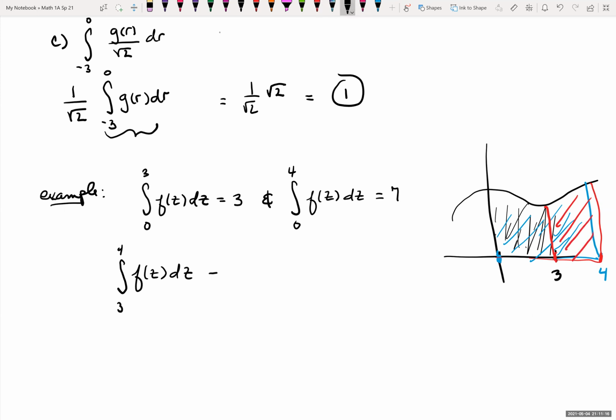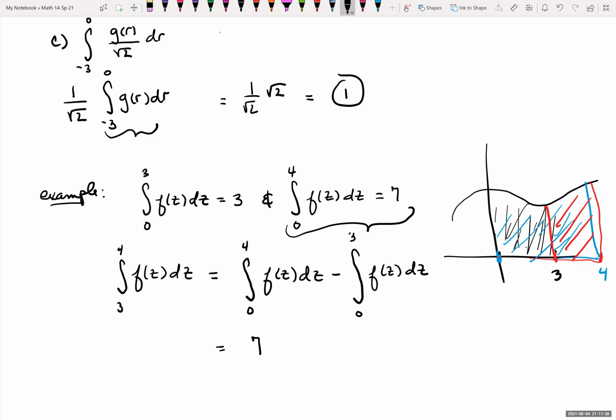So let's do that. This is the same thing as the integral from 0 to 4 of f of z dz minus the integral from 0 to 3 of f of z dz. Well, we're given from 0 to 4 that integral is 7, minus the integral from 0 to 3, which is 3.